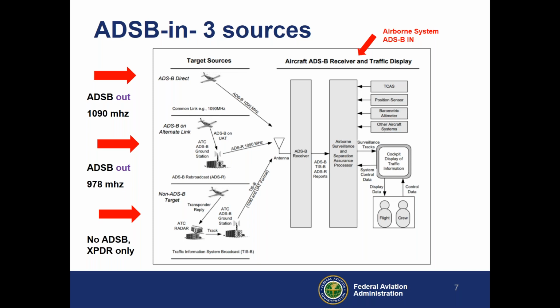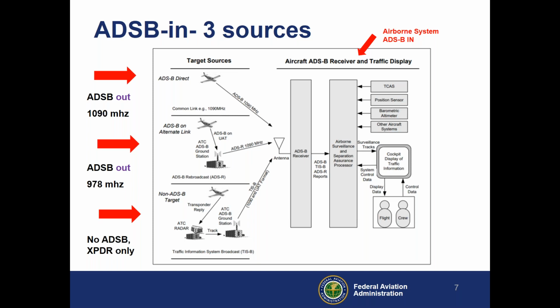And the ground station rebroadcasts that at 1090 megahertz, and this will be displayed by that airborne ADSB In system. The bottom aircraft does not have ADSB, just a transponder, and its response will be rebroadcast in the 1090 and UAT format as TIS-B information.